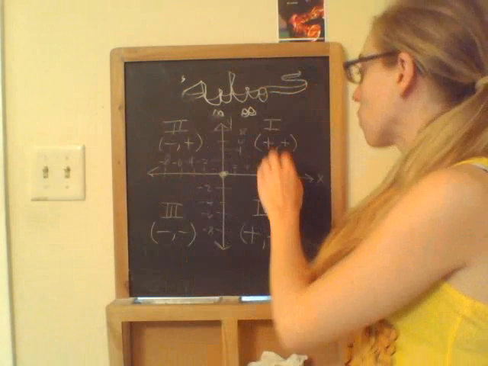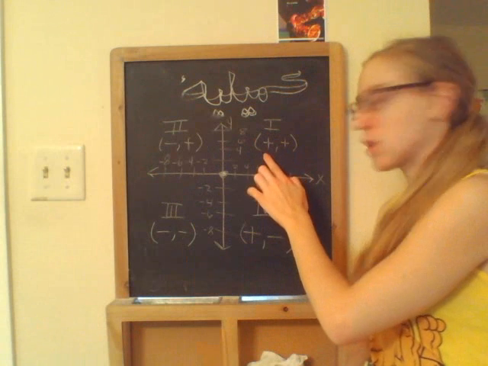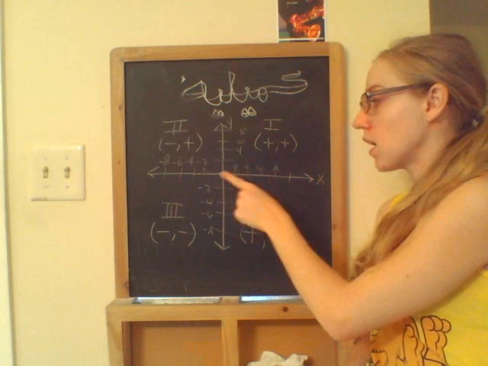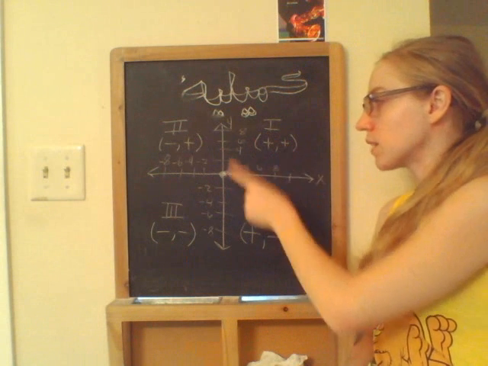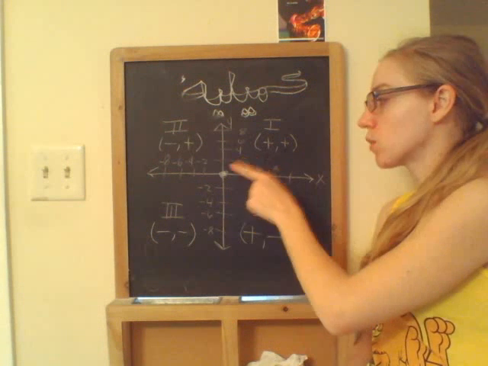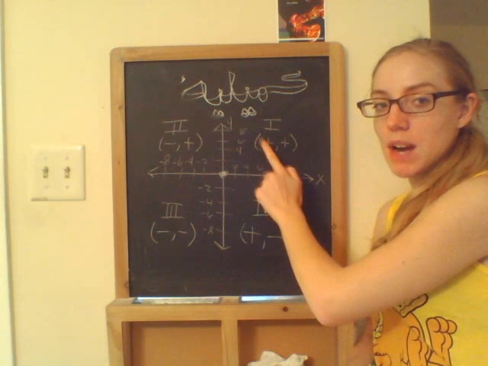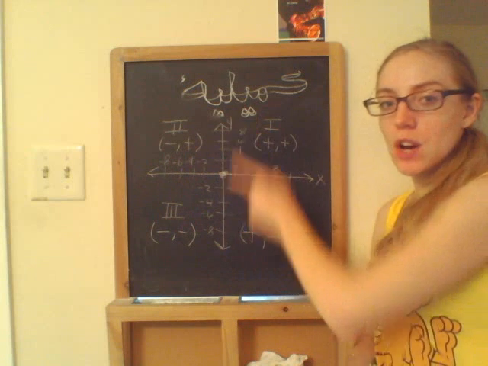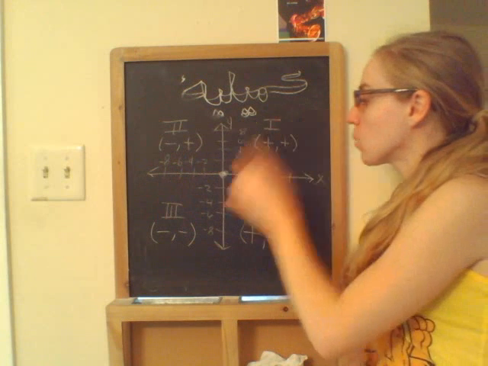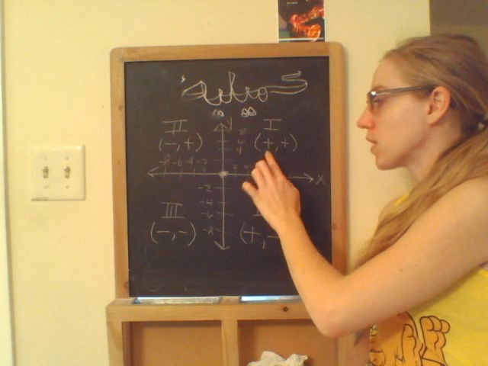So here we have quadrant 1, and you know that you have a positive run and a positive rise, which is, of course, your run is your horizontal movement, and your rise is your vertical movement here. So once you've got that number, you're going to plot it over here somewhere.